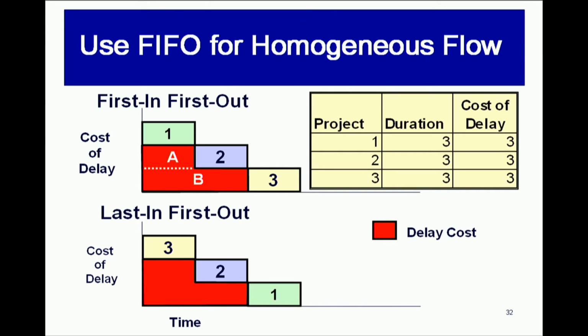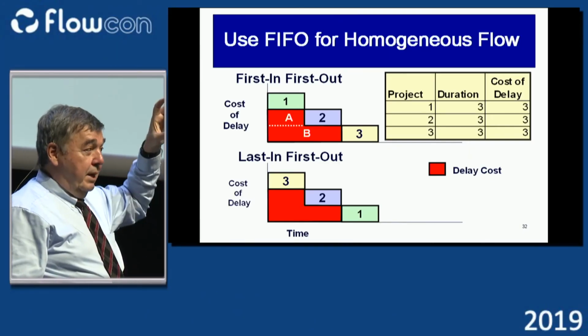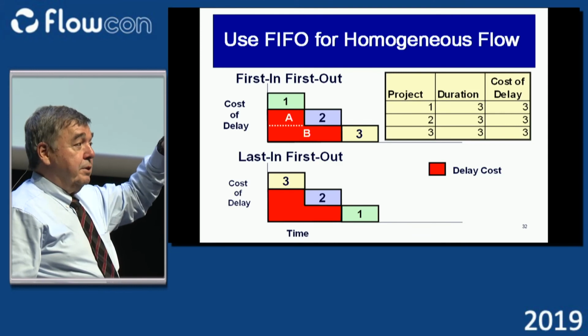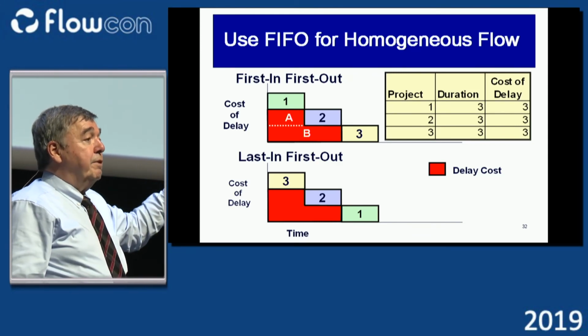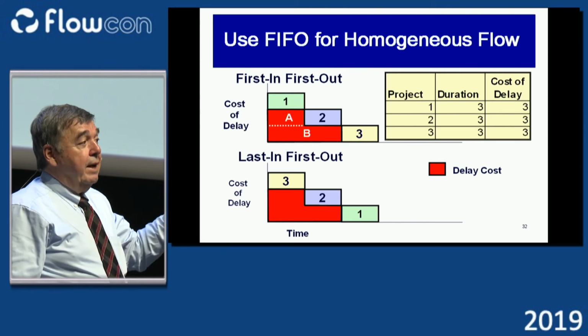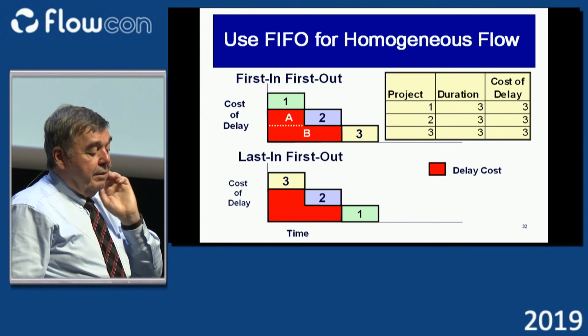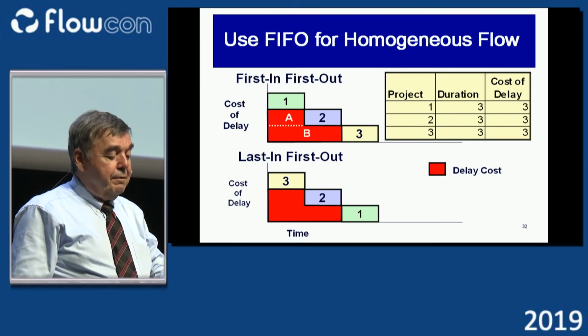What this diagram is saying is that the area in front of box number 2, in the top diagram, is the amount of time project 2 is waiting, times the height of project 2, which is the cost of delay. So if it waits for 3 months at a cost of $3 million a month, that's $9 million of delay cost. Now, the bottom one, I have inverted the order.